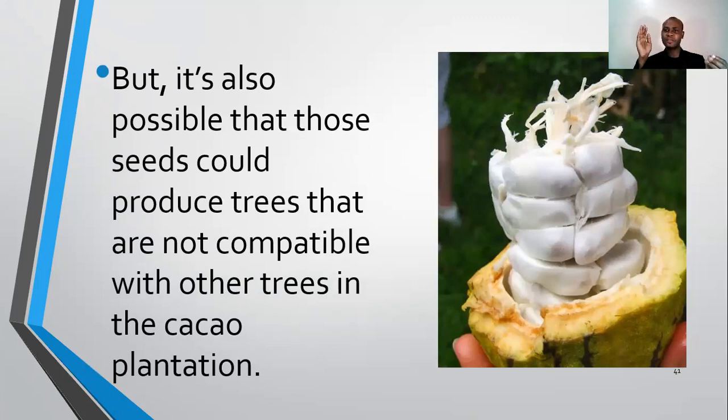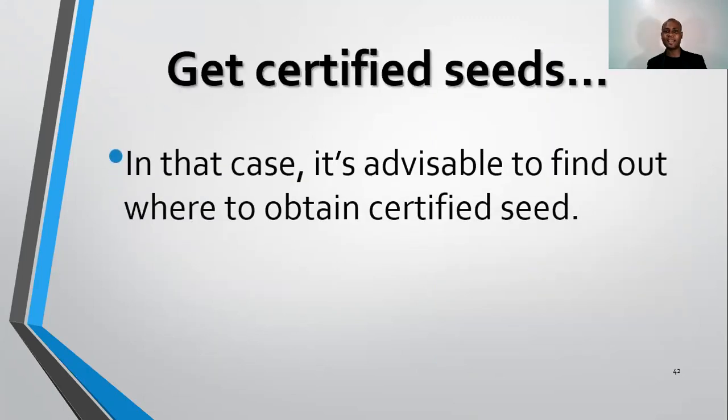The fact that you got seeds from this tree does not guarantee that the seeds do not have a compatibility problem. But if you cut a branch, you can have the guarantee that the branch is the same as the mother plant. That's one: get certified seeds.